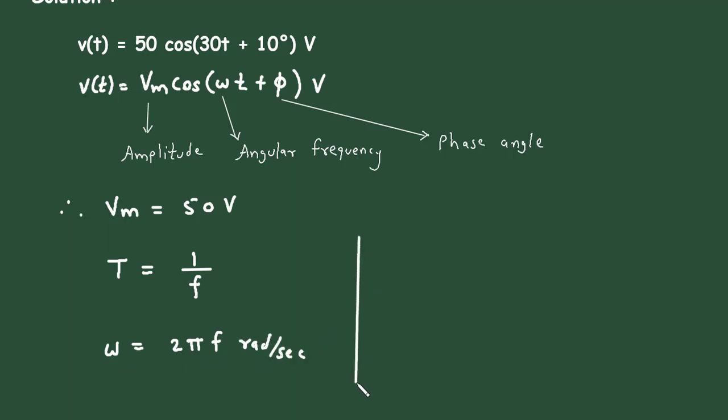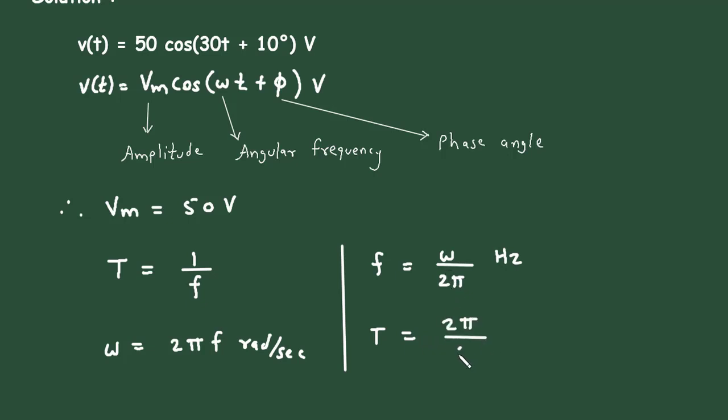So from here we can find the formula to calculate this T and this f. So f is equal to omega divided by 2 pi, and the unit of frequency is hertz or cycle per second. Then next, from this T and this 1 upon f relation, T will be equal to 2 pi by omega.